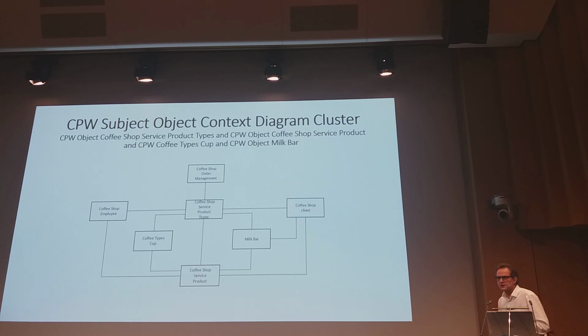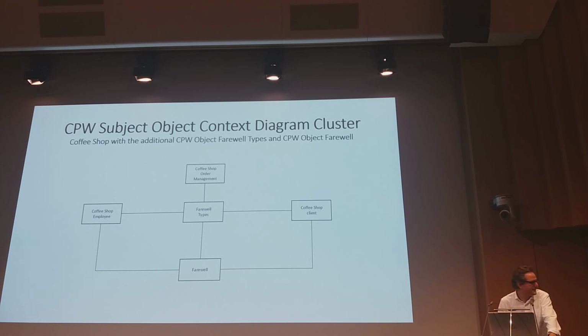And this is now crucial for the whole model, because in the CPW subject-object context diagram cluster you only represent those relationships which are represented in the end-to-end process. And then we have at last the farewell types and farewell.